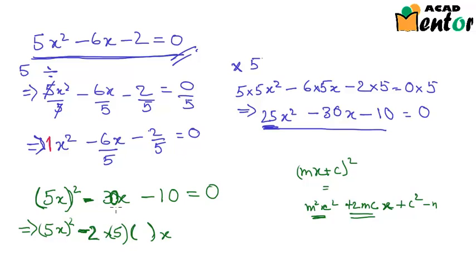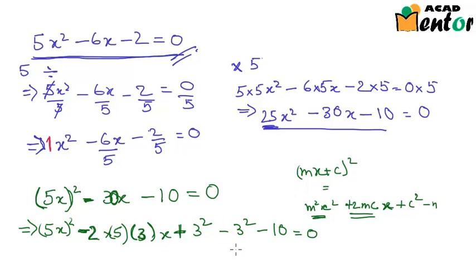This is 15, so c would be 3. So this is 3, and I would have 3 square added to it, and I will just subtract 3 square so that I have the balance intact. And then minus 10, as was always there, is equal to 0. So this is my equation. This equation has just been converted into this one, where I have just added 3 square and I have subtracted 3 square.